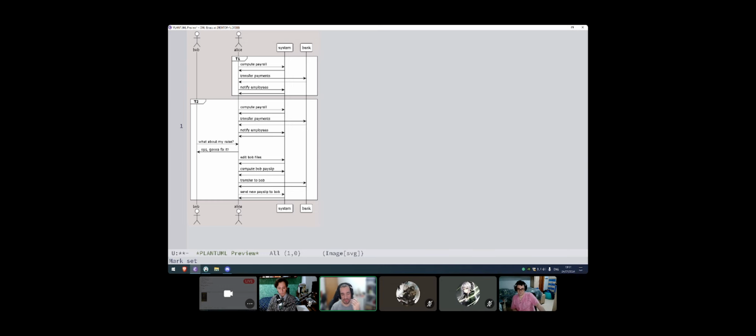It's very simple. We compute the payroll, it generates some sort of report, and maybe she imports it into the bank system and does the payments. And then you notify the employees that their payslip is ready.